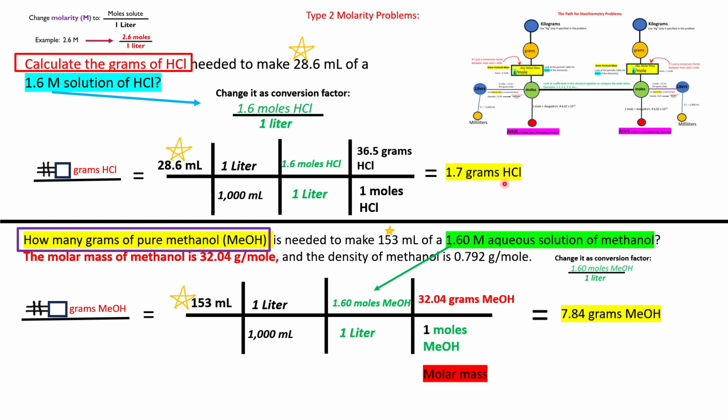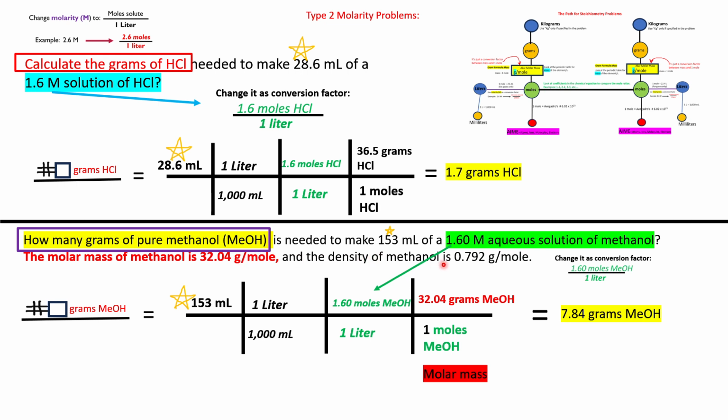Okay. Now the next question: how many grams of pure methanol is needed to make 153 milliliters of a 1.60 molar aqueous solution of methanol? The molar mass of methanol is 32.04 grams per mole. Notice that they're giving you the molar mass, okay?